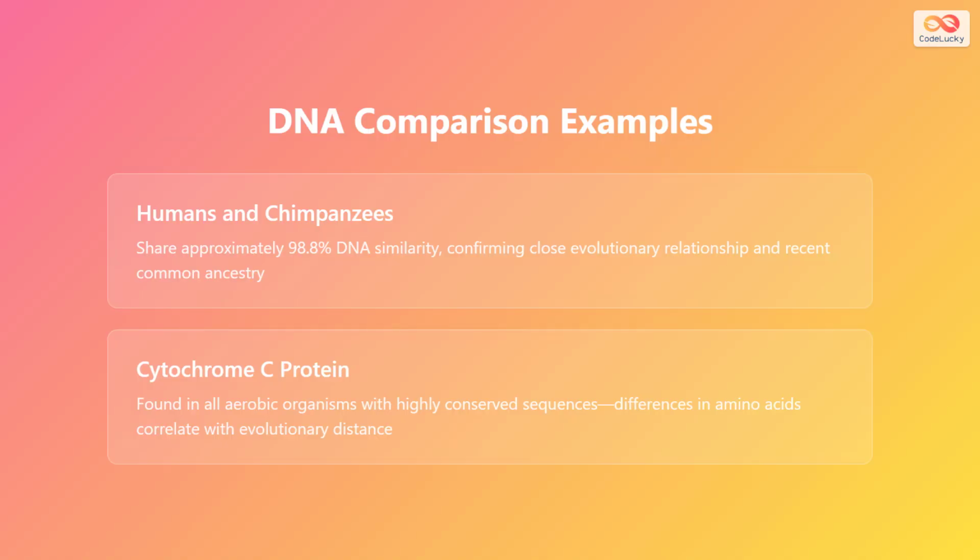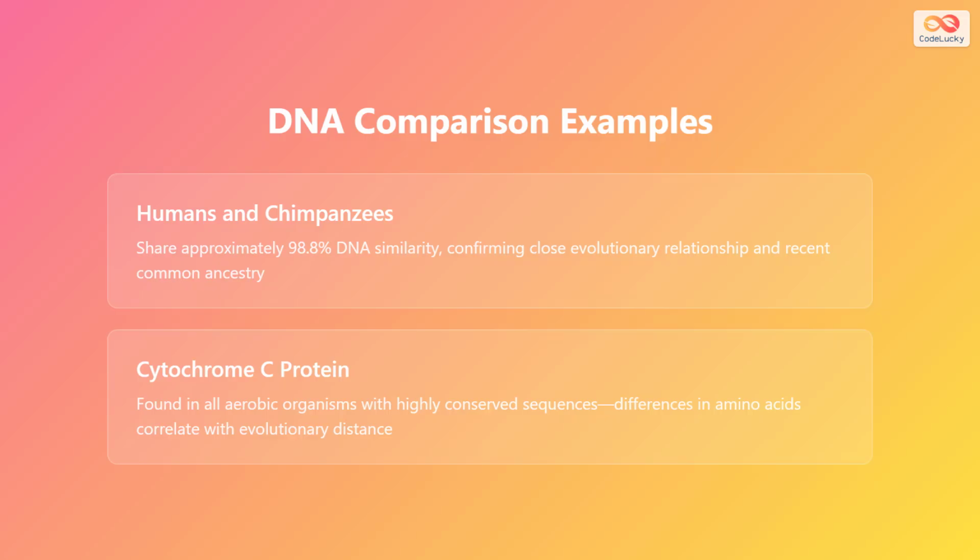DNA comparisons provide quantitative evidence for evolutionary relationships. One of the most striking examples is the comparison between humans and chimpanzees. These two species share approximately 98.8% DNA similarity, which confirms they share a close evolutionary relationship and descended from a recent common ancestor about 6 to 7 million years ago.